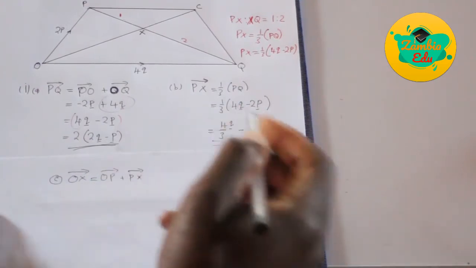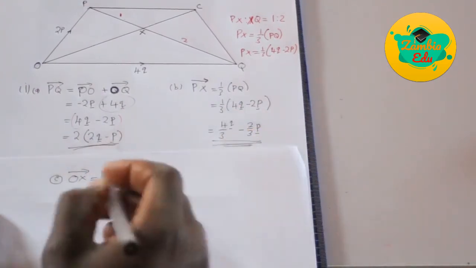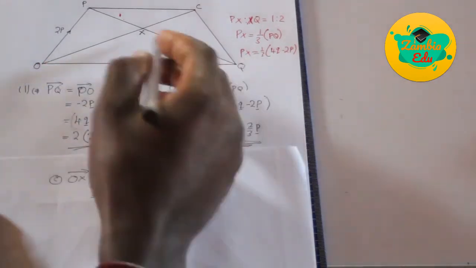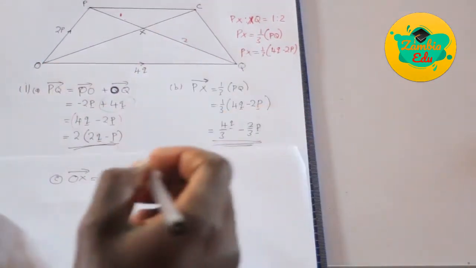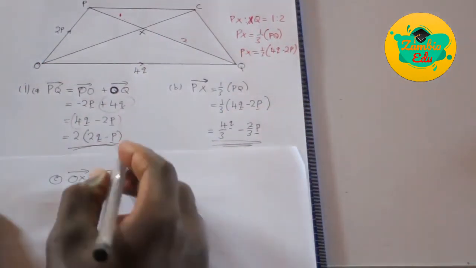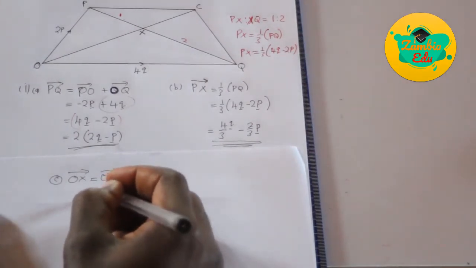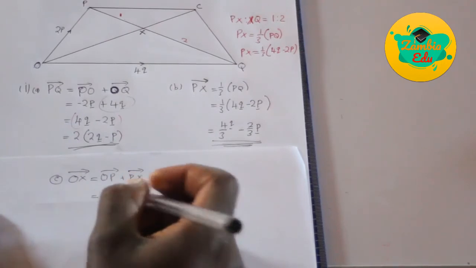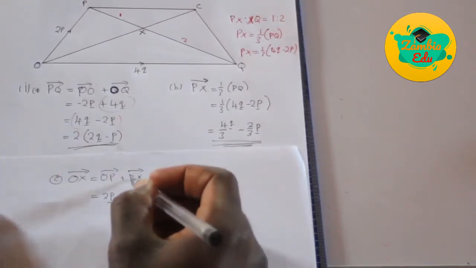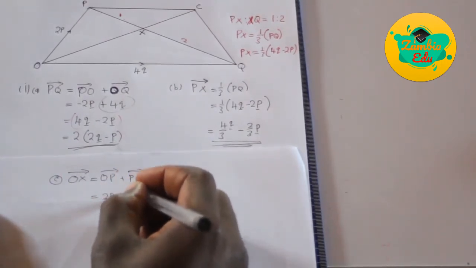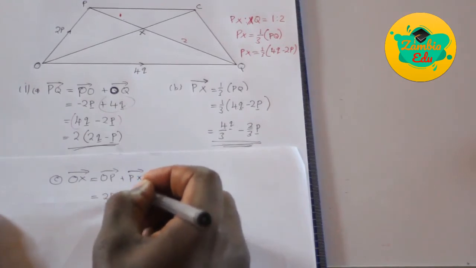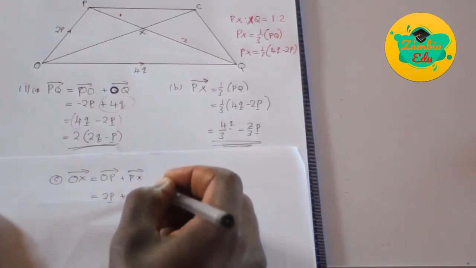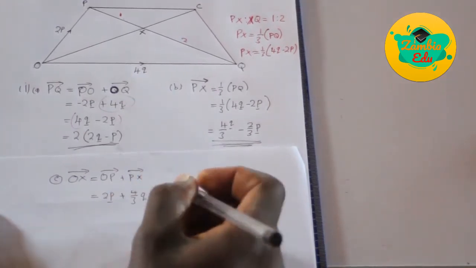Why this route? Because at least we know what PX is. This other route will require for us to start finding QX. So with that, we know that our OX is equal to 2P plus our PX, which is 4 over 3Q minus 2 over 3P.